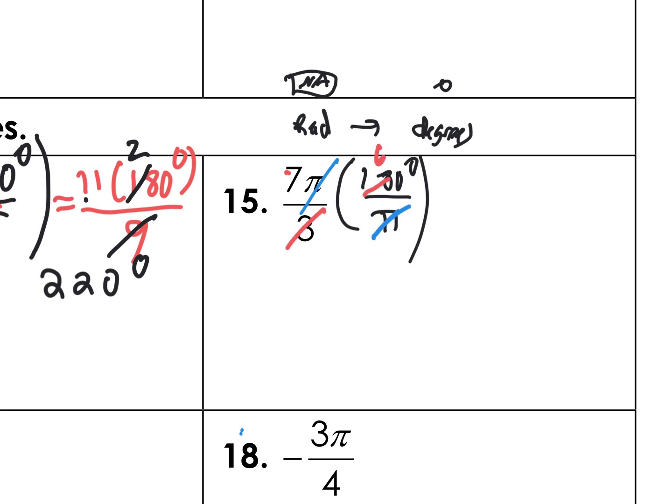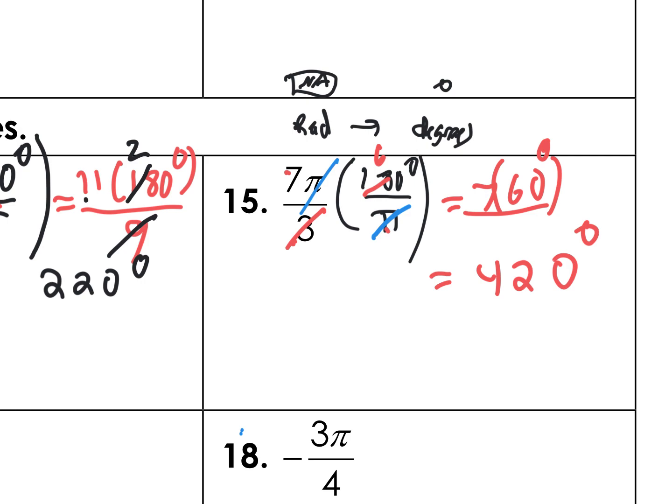So that becomes a 60. So that turns into 7 times 60 degrees over nothing, because the 3 canceled, the pi canceled. So 7 times 6 is 42 degrees.